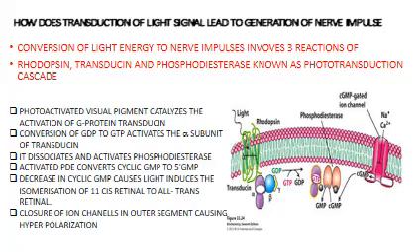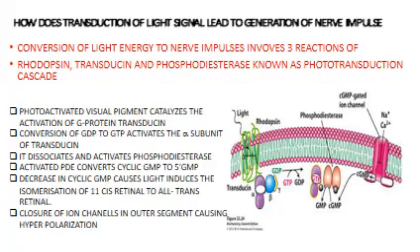The decrease in cyclic GMP induces the isomerization of 11-cis retinal to all-trans retinal. This also results in the closure of ion channels in the outer segment, causing hyperpolarization.